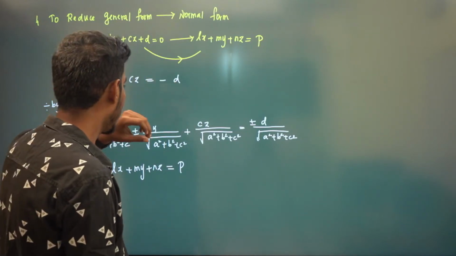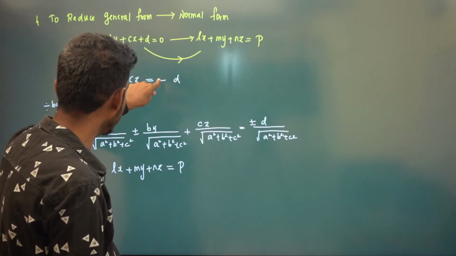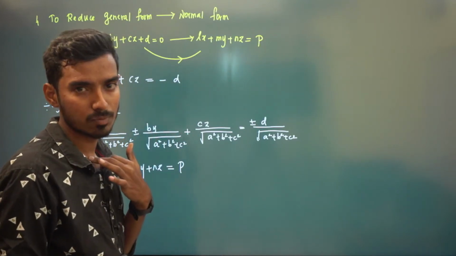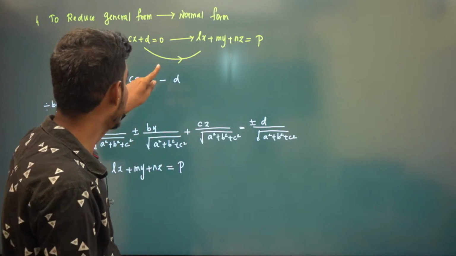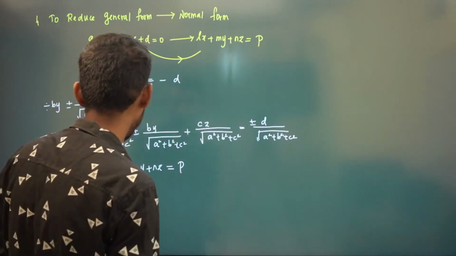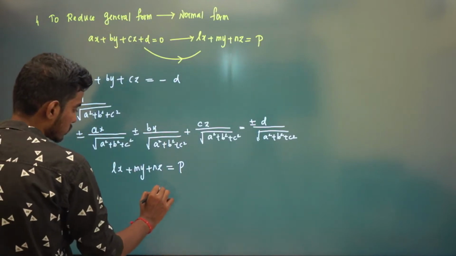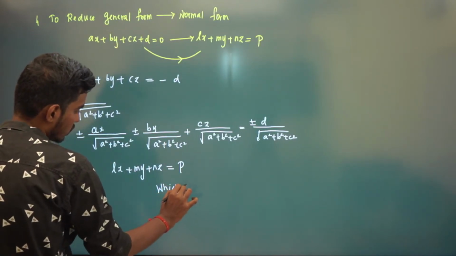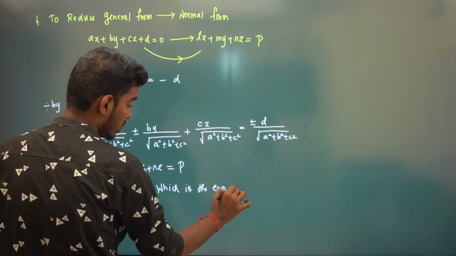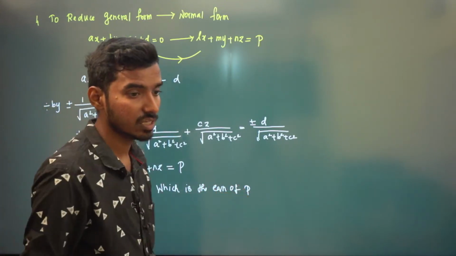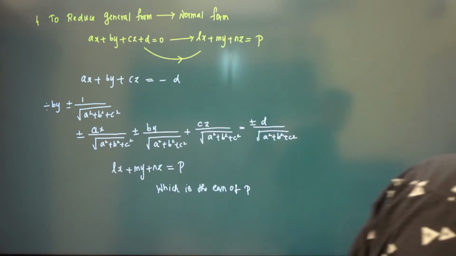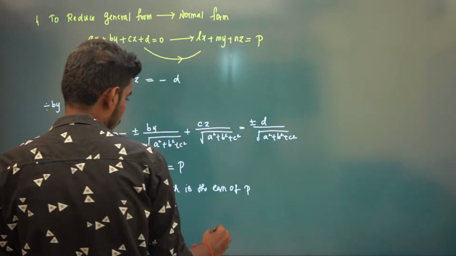If it is positive, you divide by plus 1 by root of a square plus b square plus c square. So this is the equation of plane in normal form.